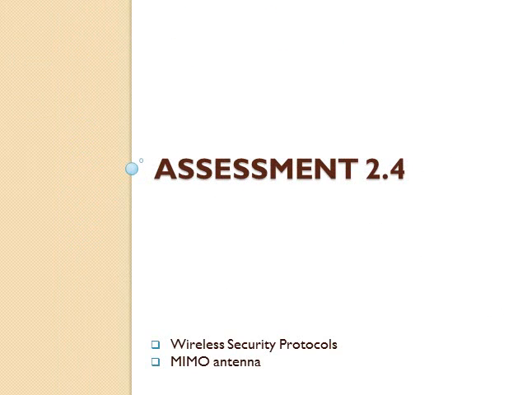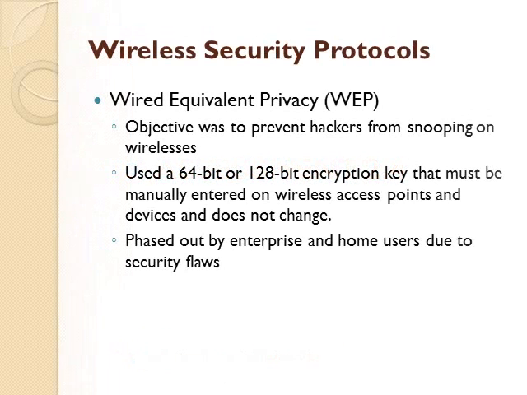The last sub component of assessment 2 is assessment 2.4. Here we focus on wireless security protocols and the MIMO antenna. There are three wireless security protocols. First, WEP, Wired Equivalent Privacy. The main objective was to prevent hackers from snooping on wireless data while it is being transmitted via the access points.